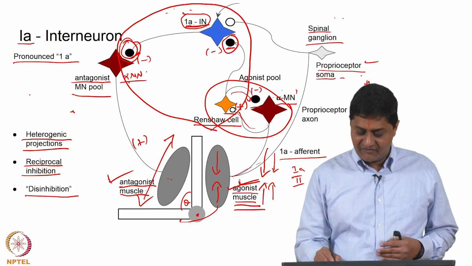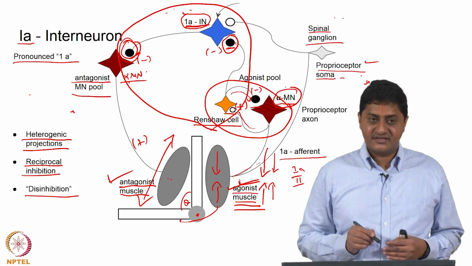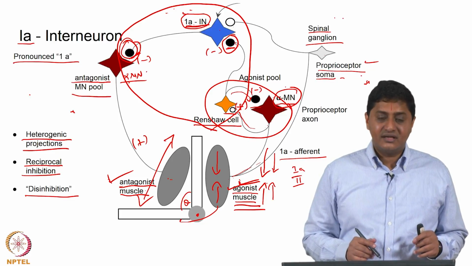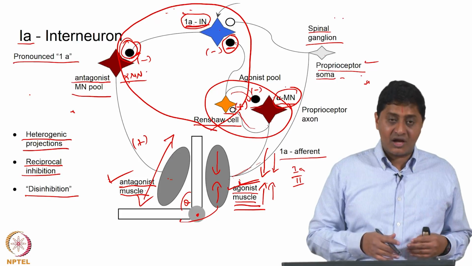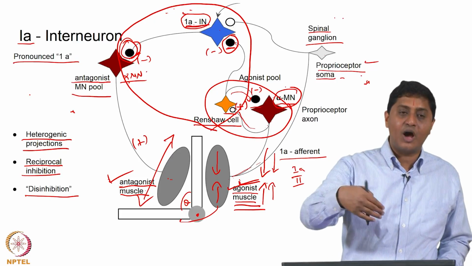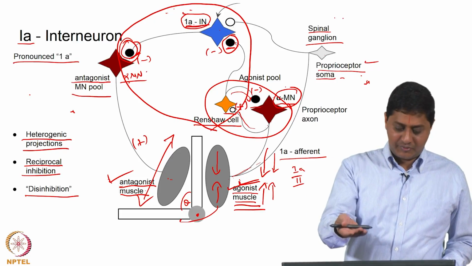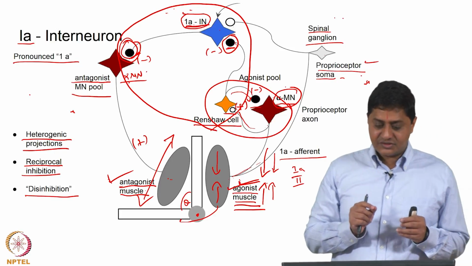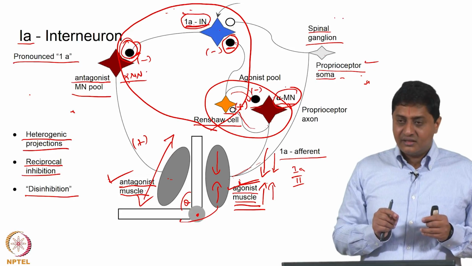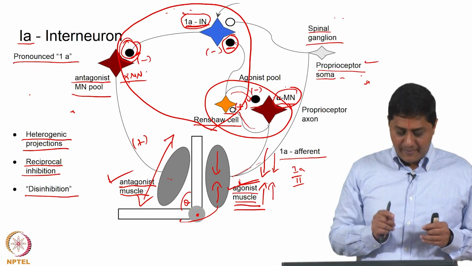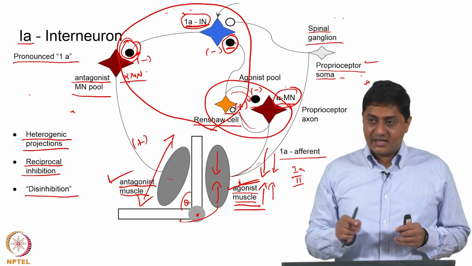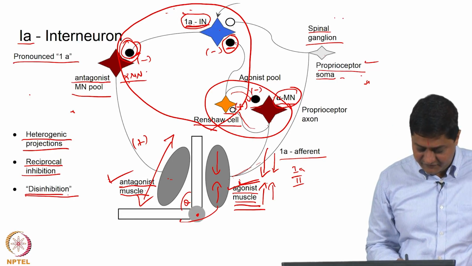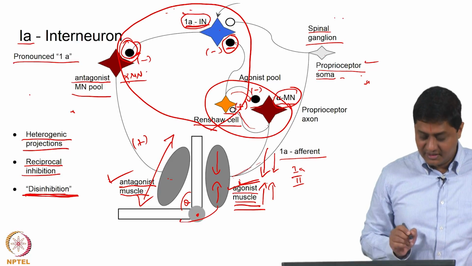As soon as this alpha motor neuron is getting excited, it is inhibiting the inhibition of the other opponent, other pole, so it is a very fine design. Depending on the case, inhibition or excitation could happen, and in this particular case an inhibition of inhibition, or a disinhibition, happens. Very important terminology, this disinhibition.